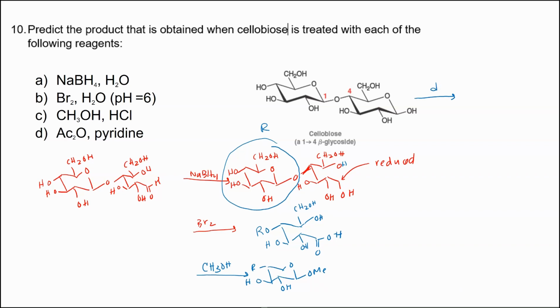And then for the D, all of those will get acetylated. So those are the reactions that you would do with a disaccharide.